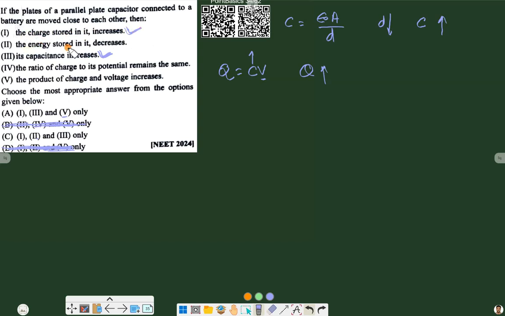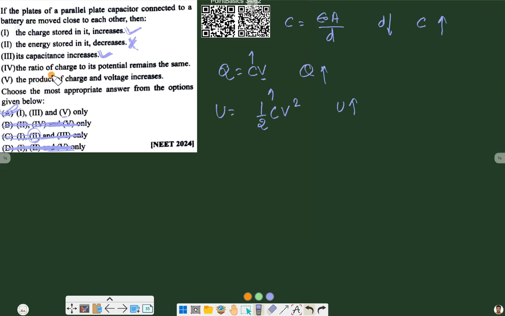Now energy stored in it decreases? Energy stored is given by half C V square. Here potential is constant and C is increasing, so energy stored is also increasing. So option 2 is wrong. And if option 2 is wrong, and 2 is mentioned in option C, then option C is also wrong. So option A will be the right answer.